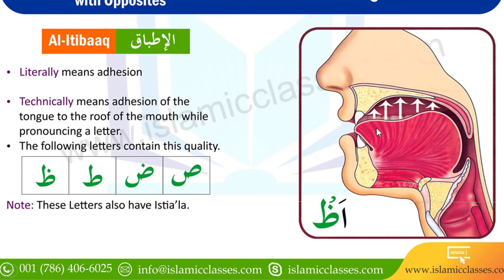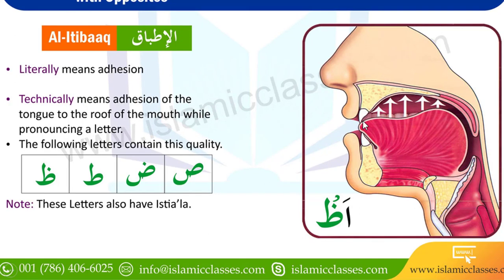So if we apply the itbaaq quality to these letters, the sound becomes extra bold, because the sound basically stays between the roof of the mouth and the tongue, as you can see here. This is basically al-itbaaq. This place is closed. The sound does not go to the outside.